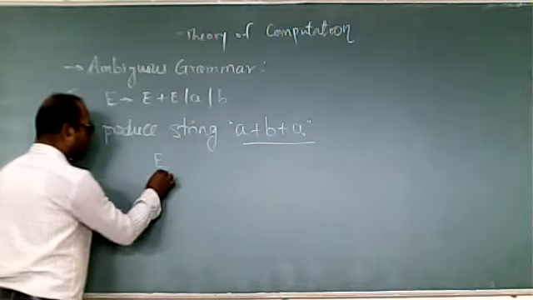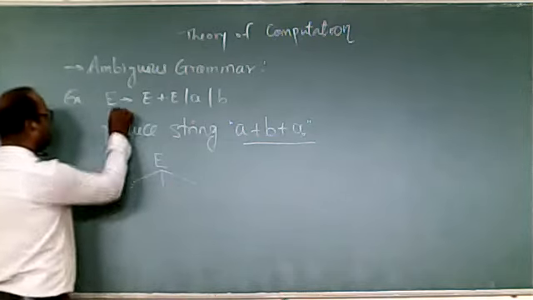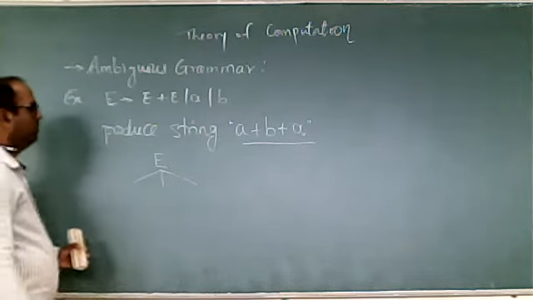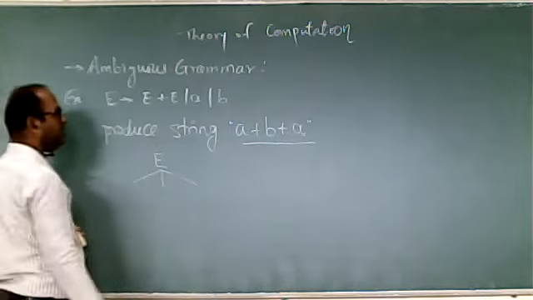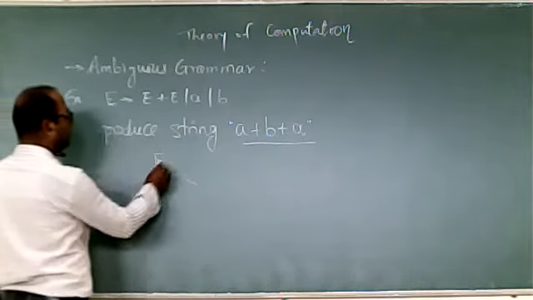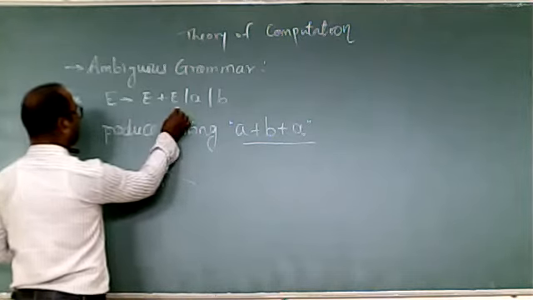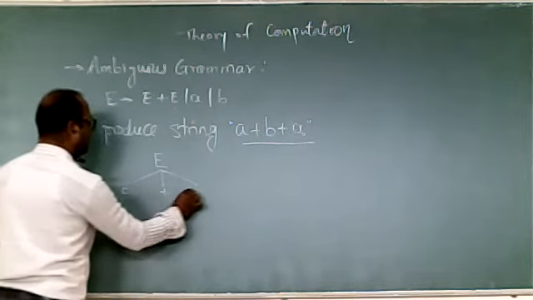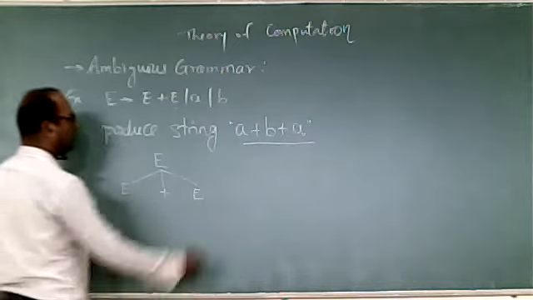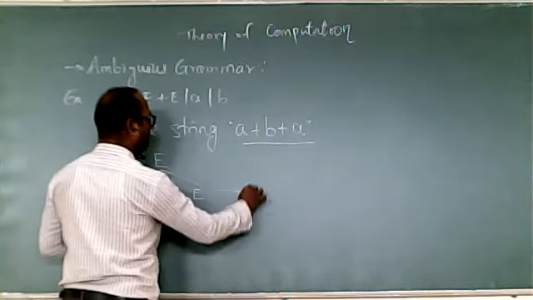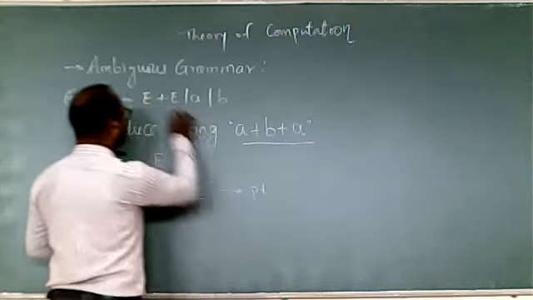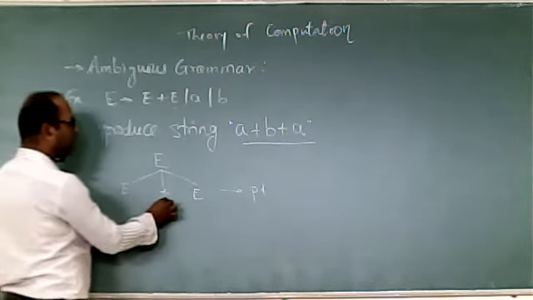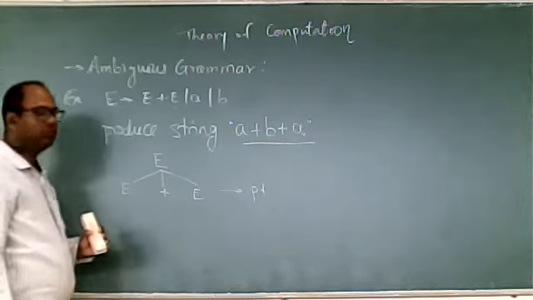So now this starting symbol E, we are trying to generate this string A plus B plus A. Initially, which production will I use? I will use the first production: E goes to E plus E. So I am replacing E with E plus E using this first production.